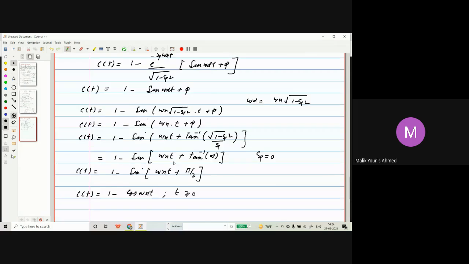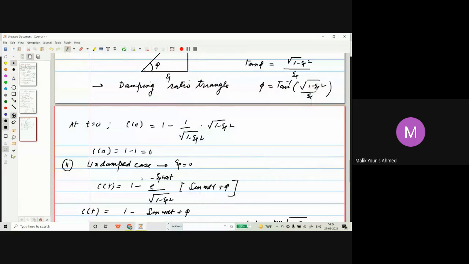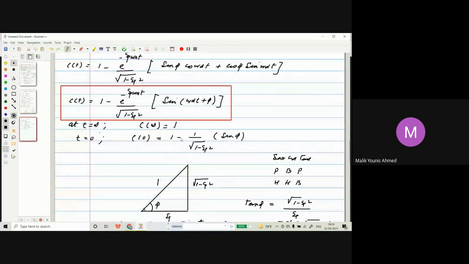You can see here, this was for underdamped. This is damped. Why damped? Because there is an exponential decay function. This is a damped sine wave with initial value equal to 0.